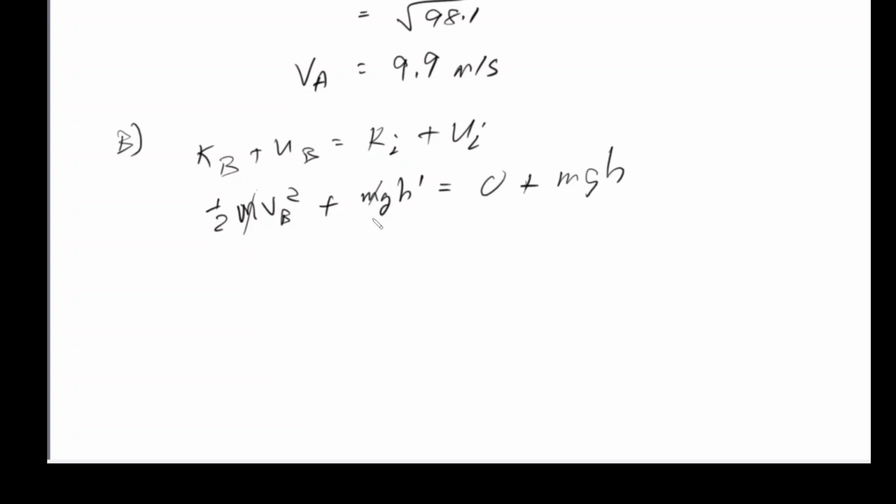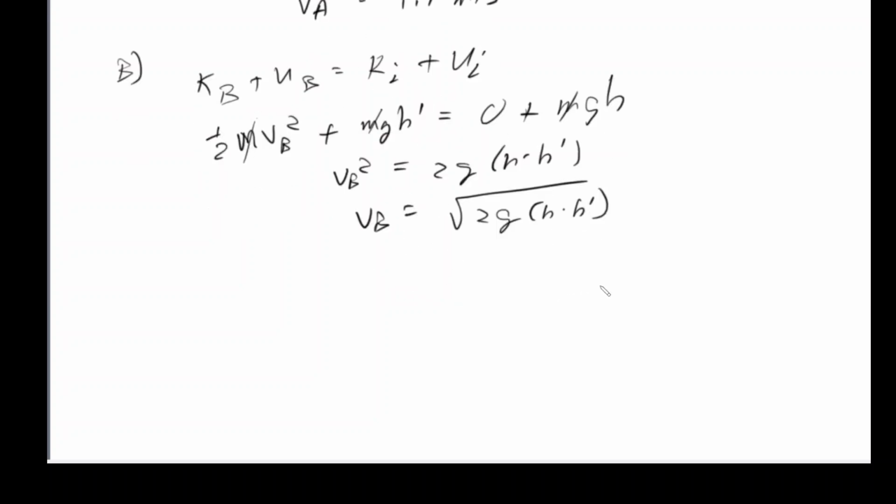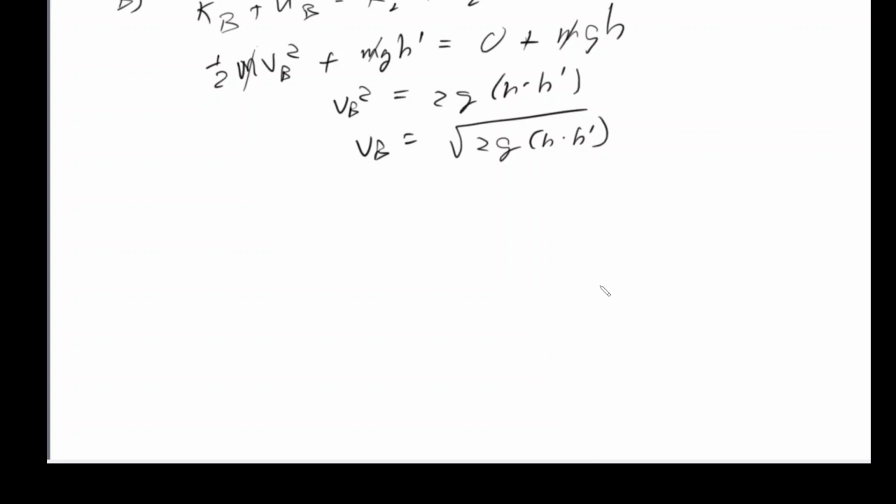And we can cross out mass, and we end up with VB squared is equal to 2g(h minus h prime), or VB is equal to the square root of 2g(h minus h prime). So now we need to find h prime.